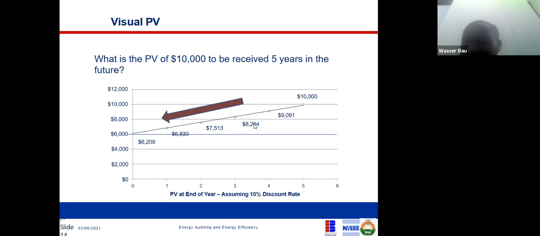If I discount another 10%, it will come to 7,513. Another 10%, it will come to 6,830. Another 10%, it will come to 6,200. So you see that giving me 10,000 in 5 years' time and giving me 6,200 naira today are exactly the same thing.